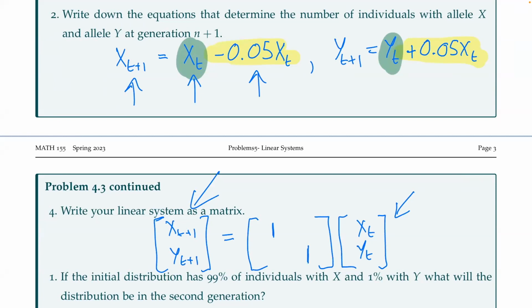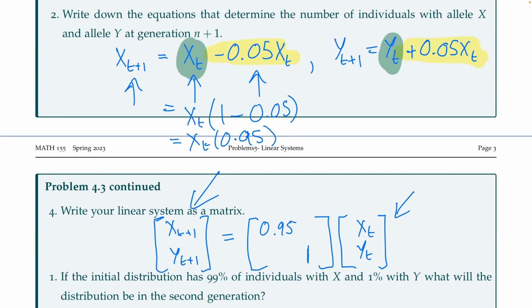What else have we got? Well, actually, it's not a 1, is it? Because this here can be written as XT times 1 minus 0.05. So that's XT times 0.95. So actually, this one here, we're going to get rid of and write as a 0.95.